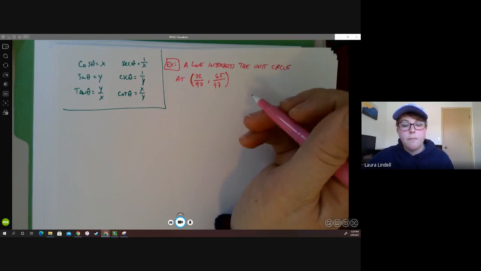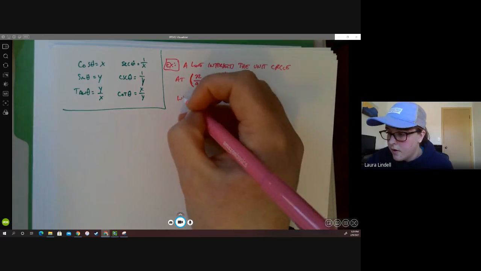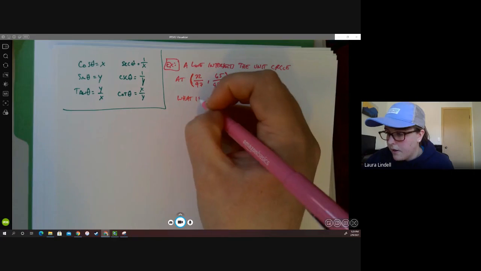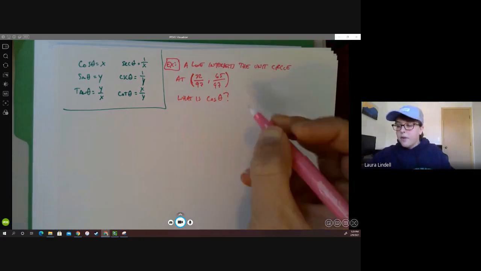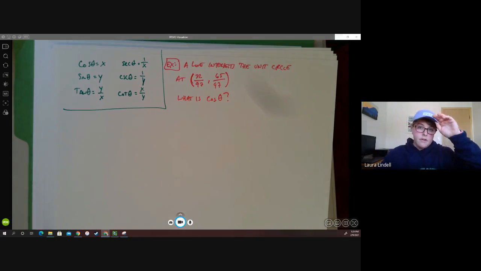And we want to know what is sine theta. And from this, we're going to go and find the rest of the trig functions as well, because then we don't have to keep rewriting the problem to do the same thing.